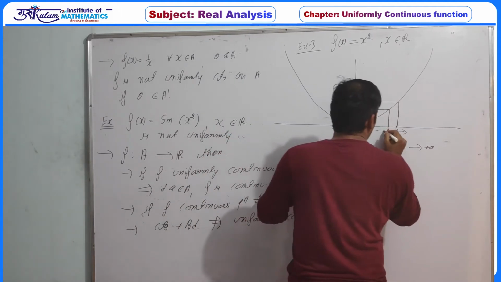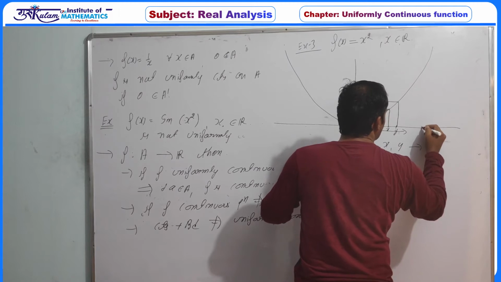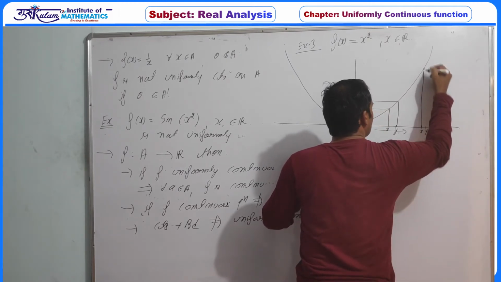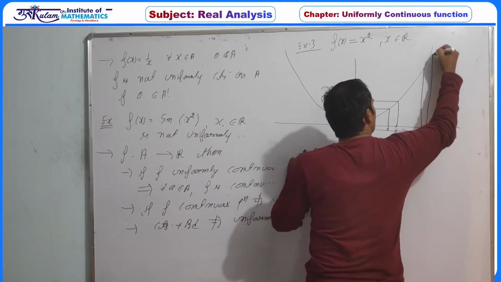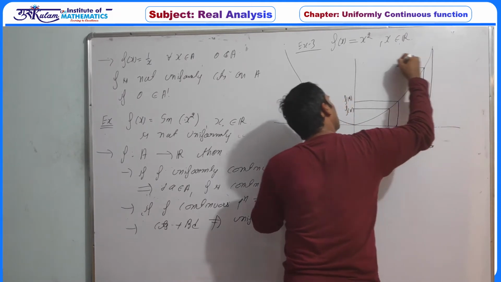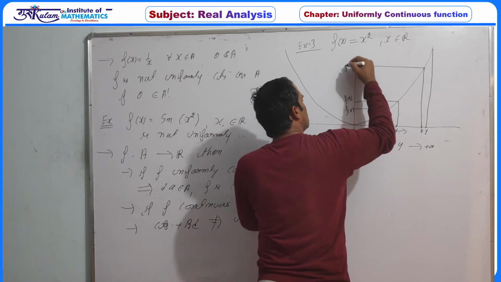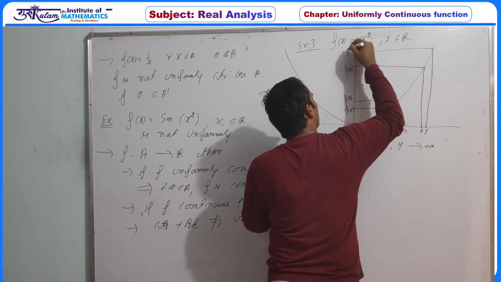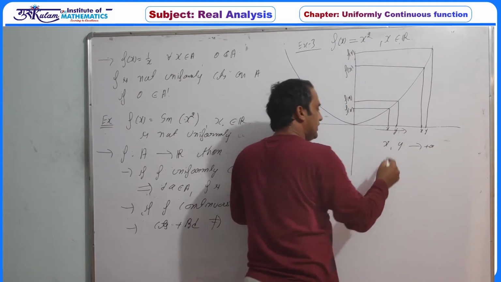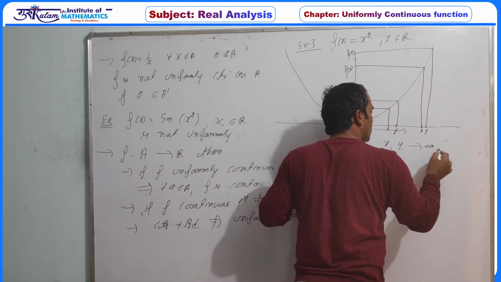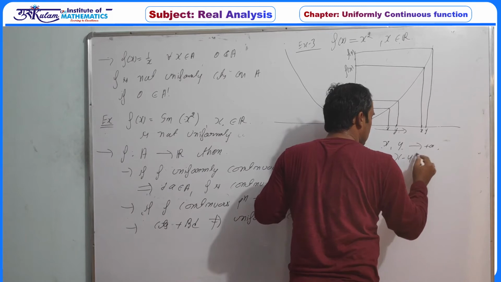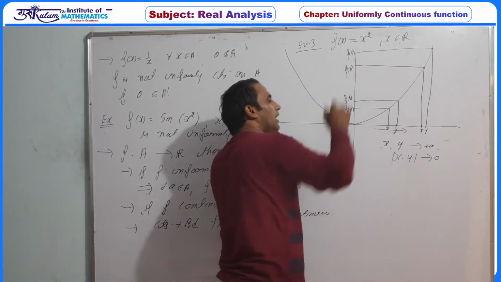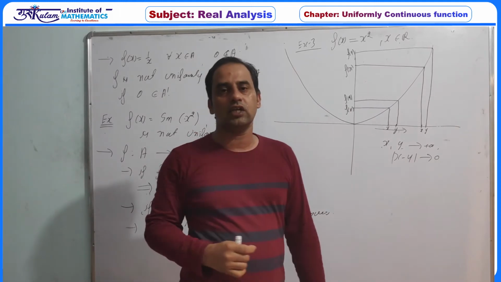But if x and y tend to infinity, say this is x and this is y, so this is f of x and this is f of y. As x and y tend to infinity, we can take x minus y tends to 0, but the distance between f(x) and f(y) is not tending to 0.